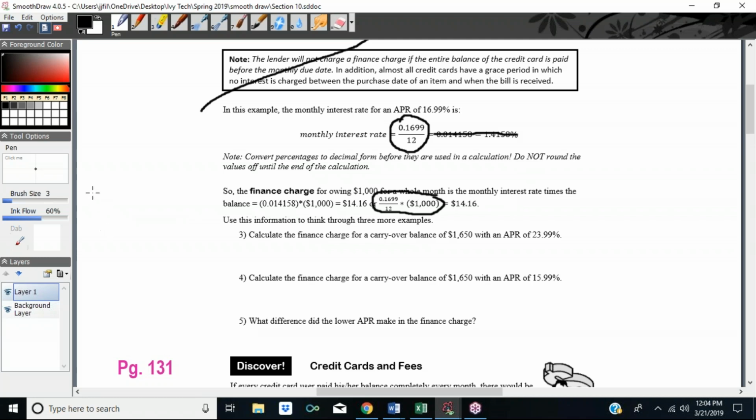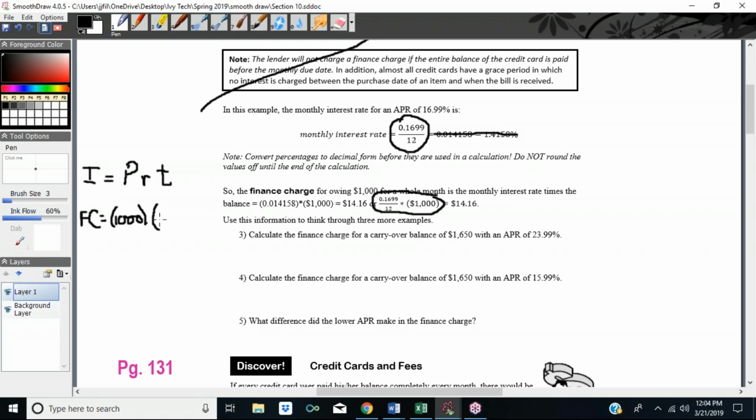So I want to show you that if you remember when we first talked about interest, we said the interest is the principal times the rate times the time, and the time was in years and the rate was as a decimal. So if you think about this finance charge, the principal is the amount that you borrowed, $1,000 in this case.